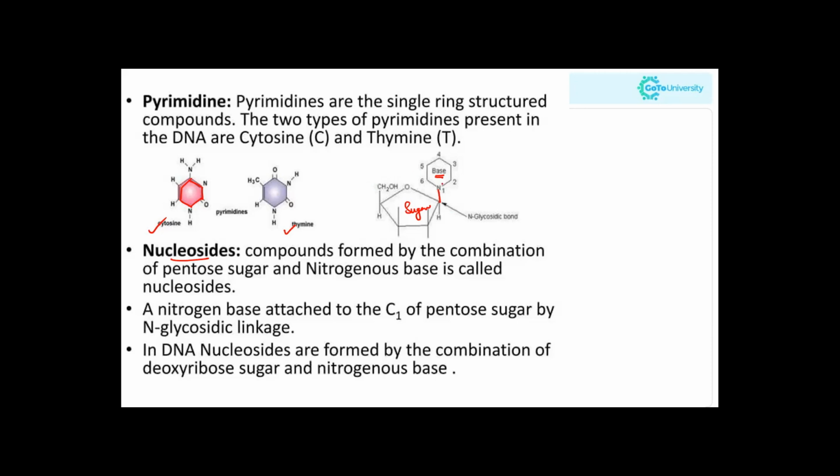Here the nitrogenous base is attached to the C1 of the pentose sugar by an N-glycosidic linkage. In DNA, the nucleosides are formed by the combination of deoxyribose sugar and nitrogenous base.